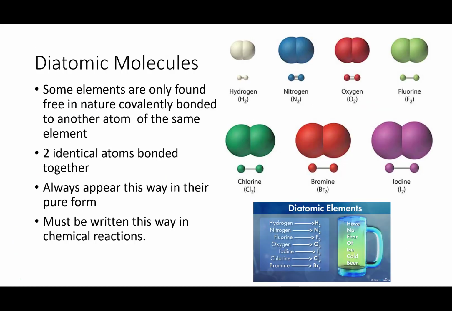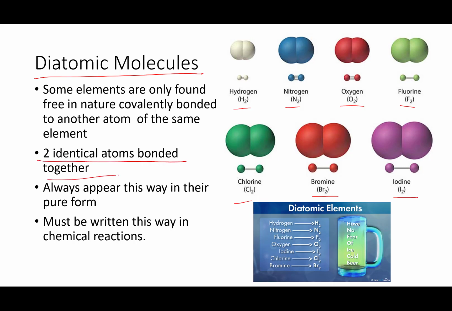When you're writing a chemical reaction, if the element you are using is a natural diatomic, if you remember those dirty seven, you remember hydrogen, nitrogen, oxygen, fluorine, chlorine, bromine, and iodine, those elements always occur as two identical atoms bonded together.